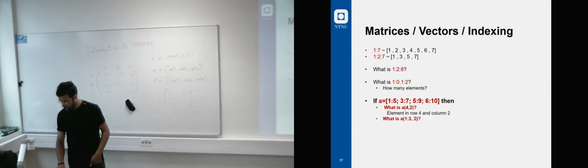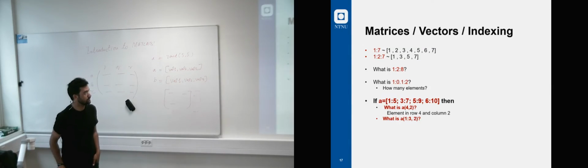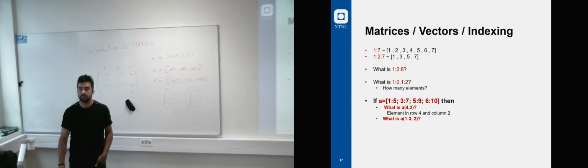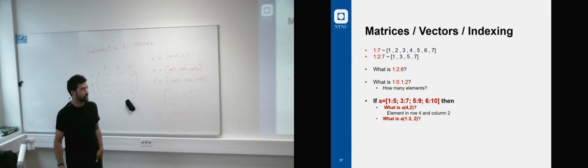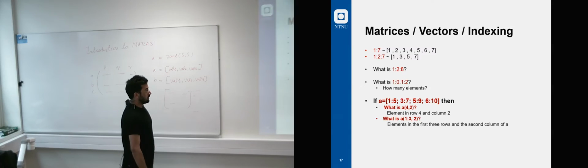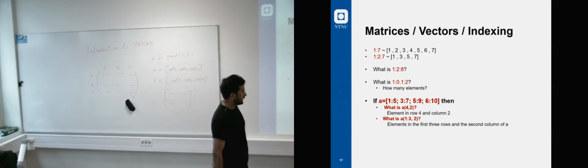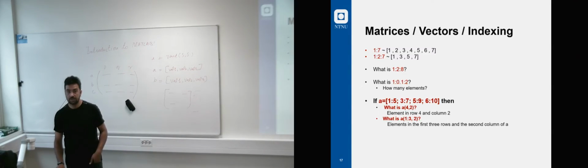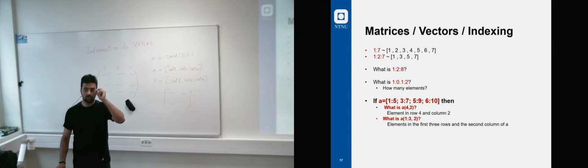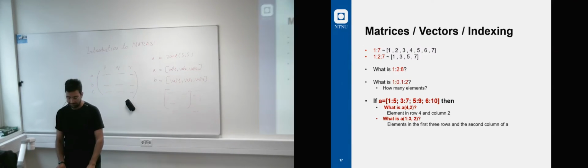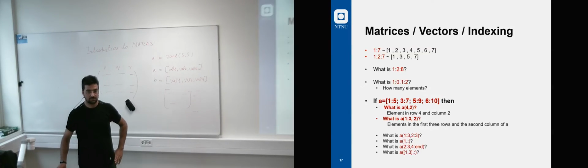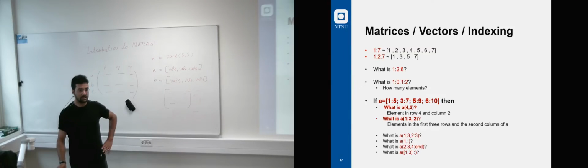Yeah. What about this? Rows 1 to 3 in column 2, the first 3 rows and the second column. Good. Is everyone getting it? Is there any question so far? No? Okay. Sorry for going too fast here.